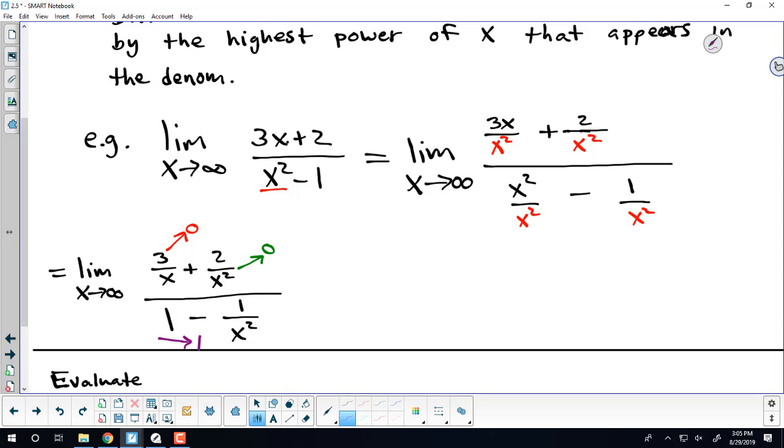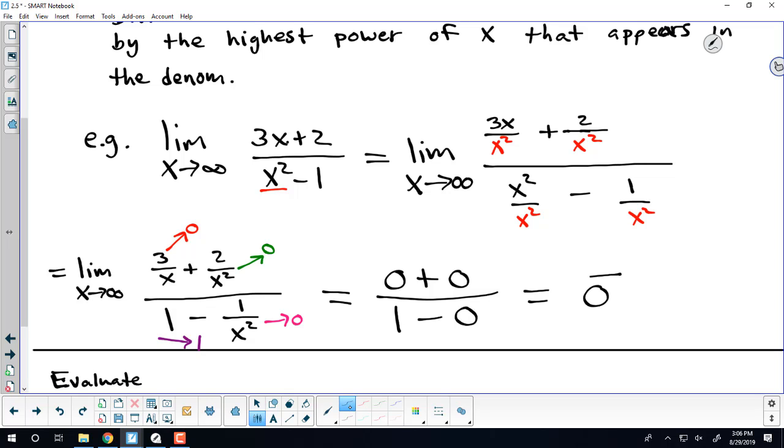And the limit at infinity of negative 1 over x squared approaches 0. So let's put that together. We have 0 plus 0 all over 1 minus 0, which of course is 0, which is what we had prior.